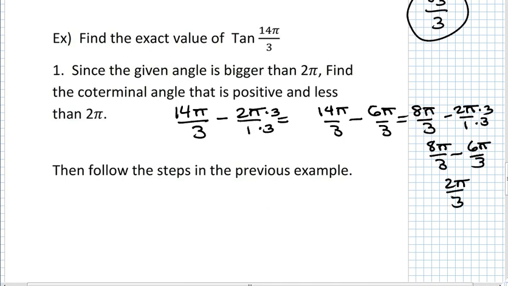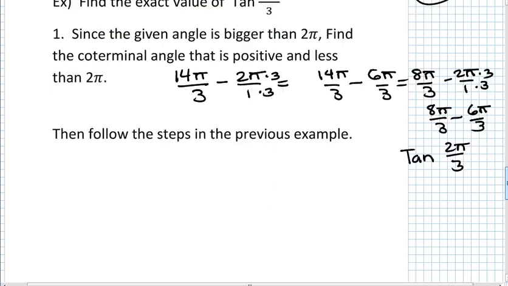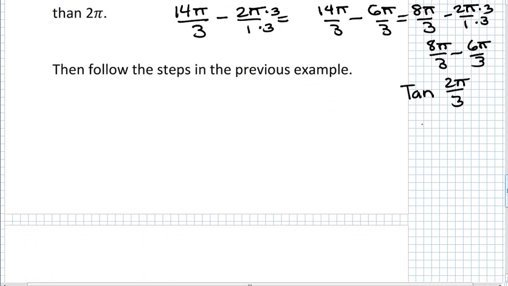So basically, finding the tangent of 14 pi over 3 is the same as the tangent of 2 pi over 3. Which means if I change that to degrees, it's 180 over pi. So 3 goes into 180 60 times, and 60 times 2 is 120 degrees.